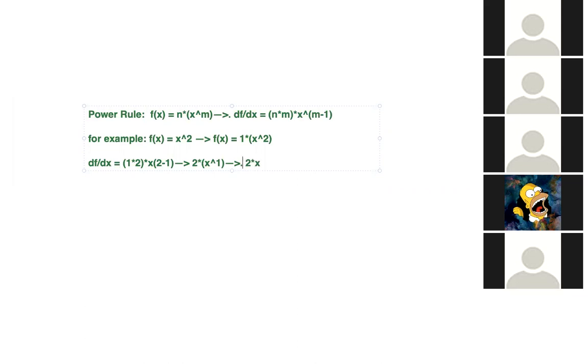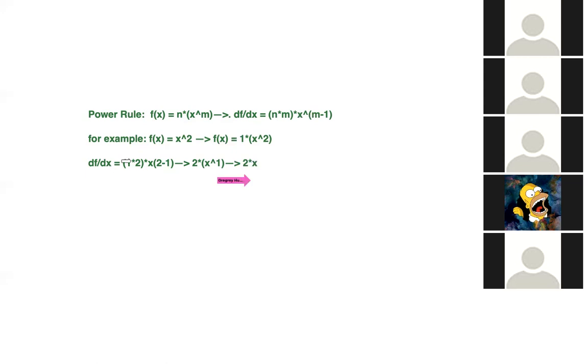Did that make sense, Miriam? So basically you take the exponent and multiply it by the coefficient, and then you take the exponent and drop it by 1, right?